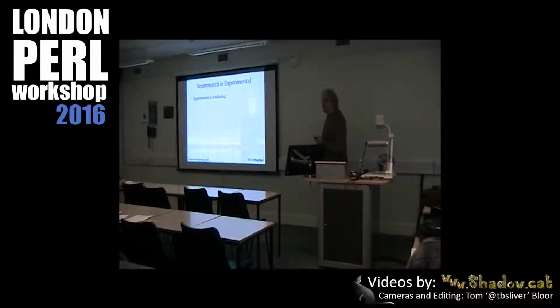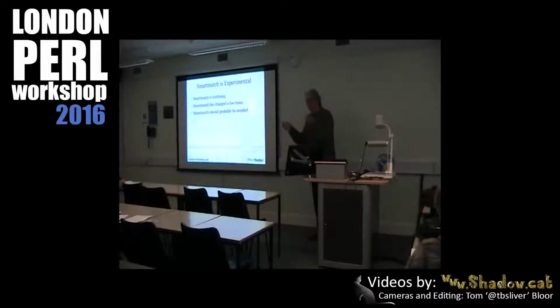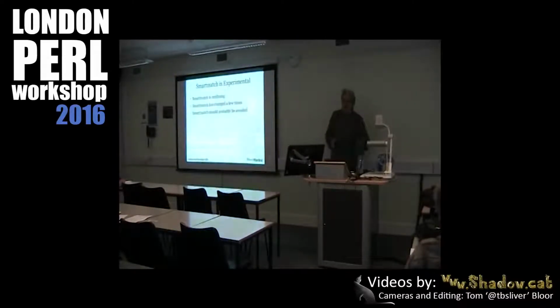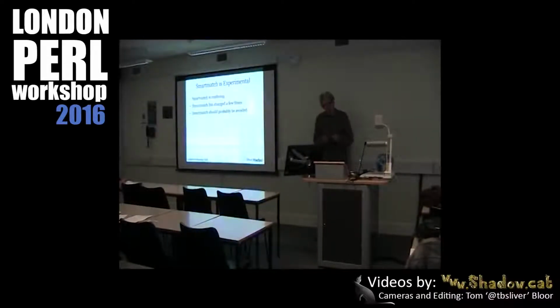Smart match. Smart match is confusing. Smart match has changed a few times. Smart match should probably be avoided. Smart match was introduced in Perl 5.10 and everyone said, hey, look at this wonderful new tool. And then it got out there in the wild and people started using it and thinking, that's not actually as useful as we thought it was going to be, and it's slightly more magical than people were comfortable with.